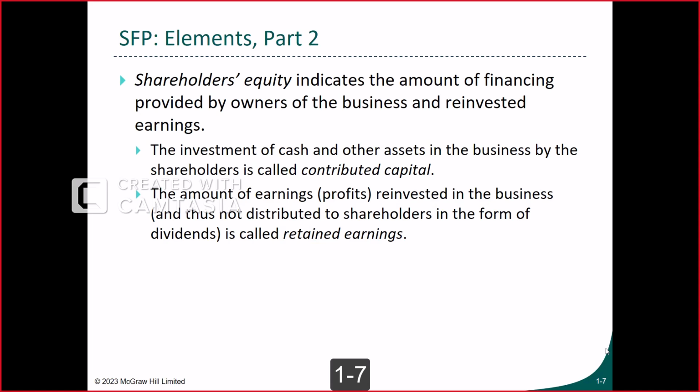The shareholder equity includes the amount of contributed capital that was injected by the owner, by the shareholders, to finance the activity, and then also the retained earning, the earning that were generated by the business itself.